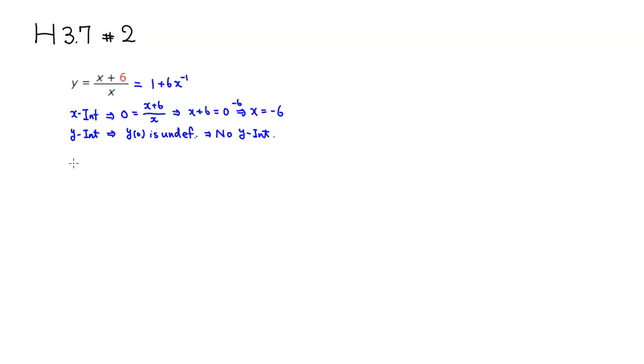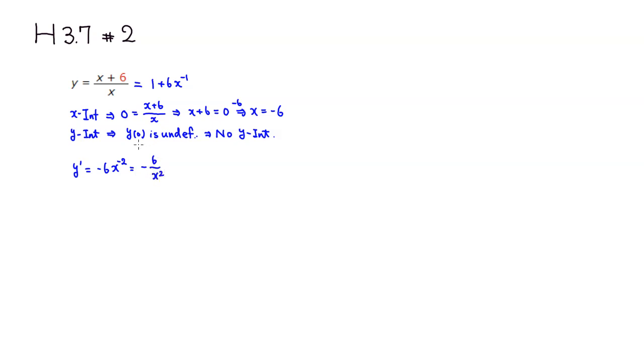If you take the derivative, y prime is going to be: the derivative of 1 is 0, and the derivative of 6 x to the negative 1 would be negative 6 x to the negative 2, which is just negative 6 over x squared.